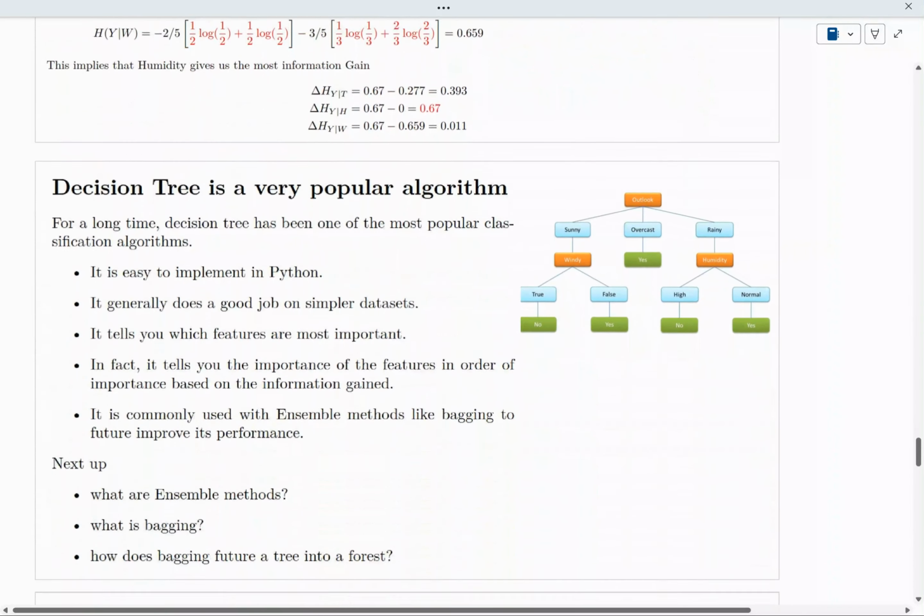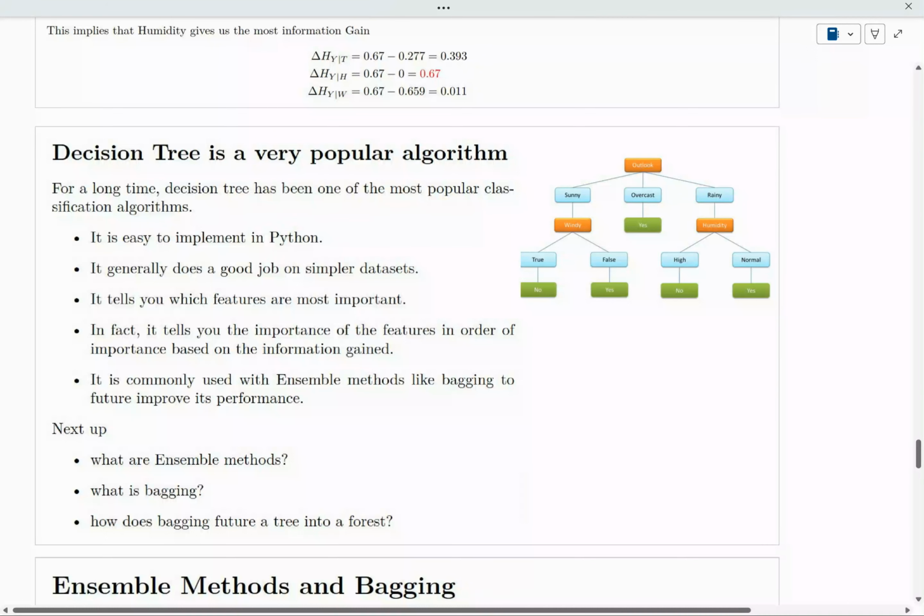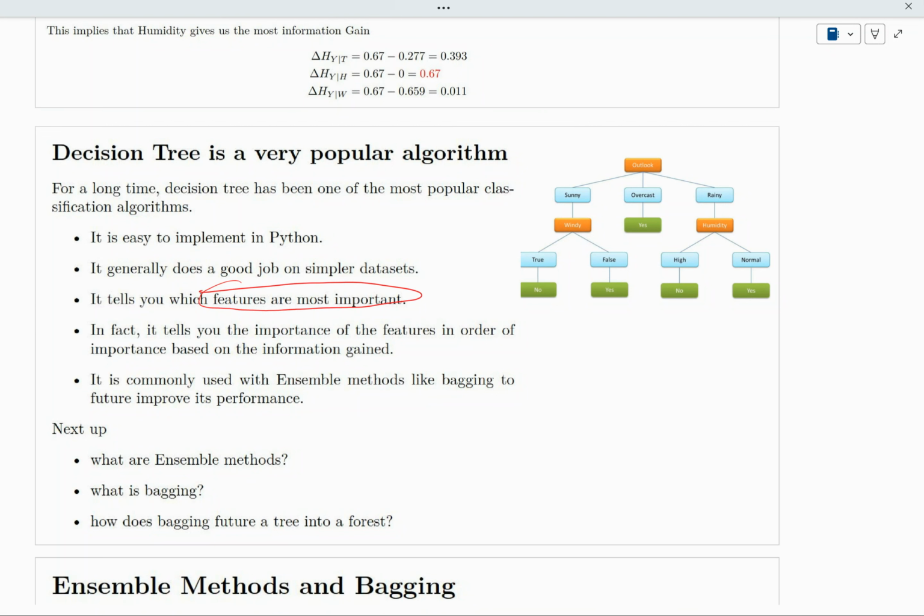Now, the decision tree is a very popular algorithm. For a long time, it has been one of the most popular algorithms because it's pretty easy to implement in Python, and it does a really great job, especially on simpler tasks. It also tells you which feature is most important, like which feature gives you the most information about the labels that you're predicting.